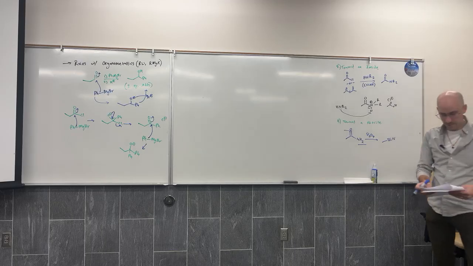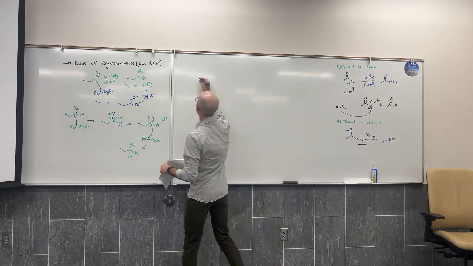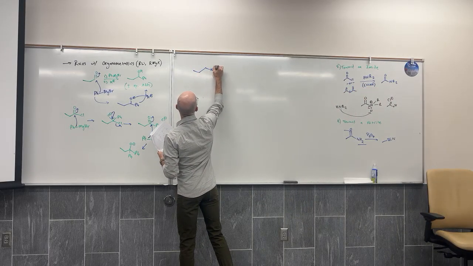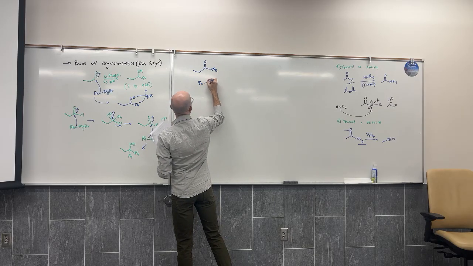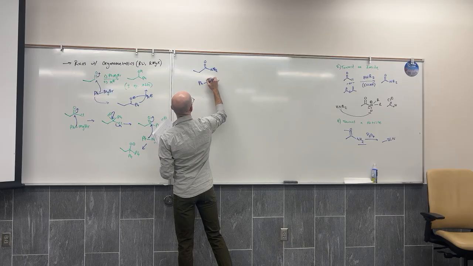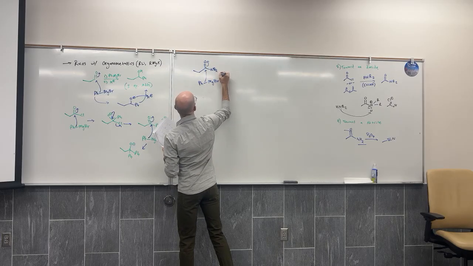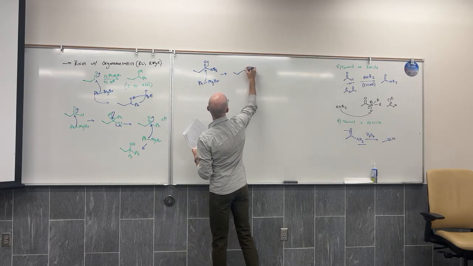If I attack an amide, I'm going to put that as NR2. With my Grignard, I don't have a good leaving group.